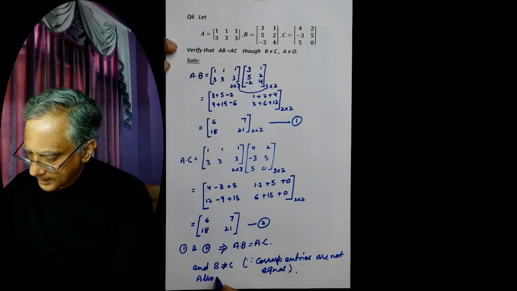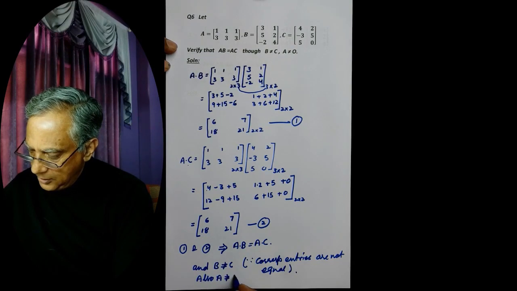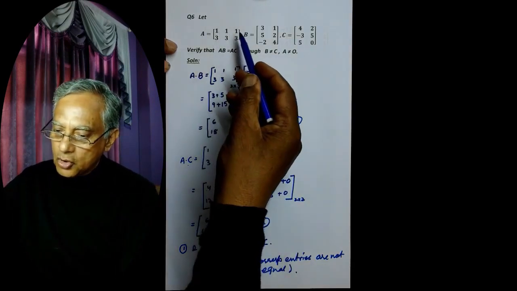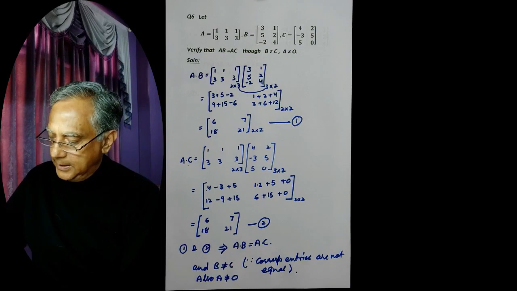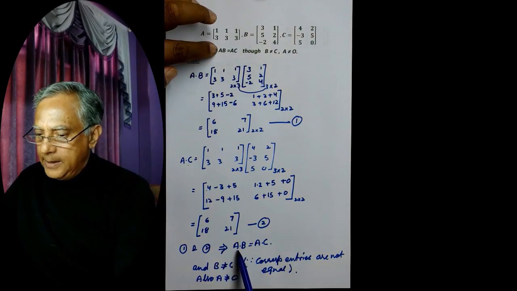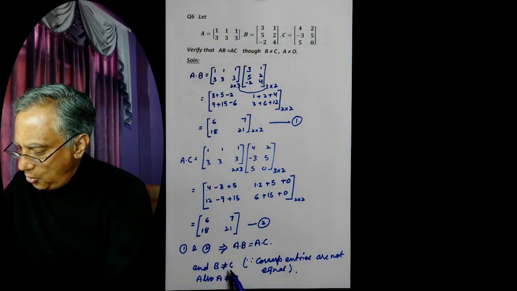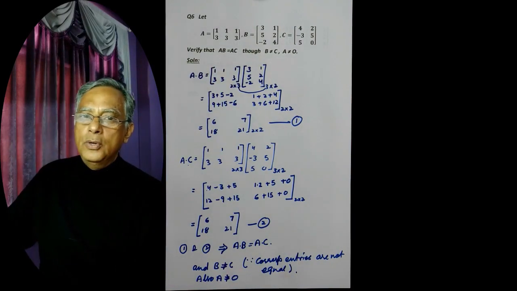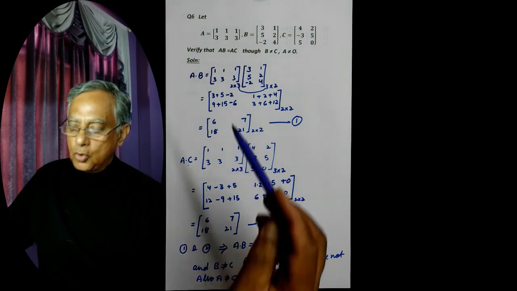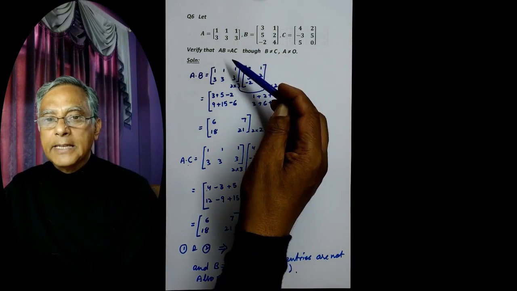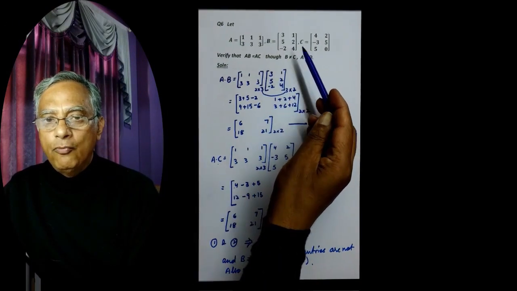Also, A is clearly not equal to 0 because all the entries are not 0. So we have proved A into B is equal to A into C. Now B is not equal to C and A is not equal to 0. So we have illustrated that the cancellation law is not true in general.